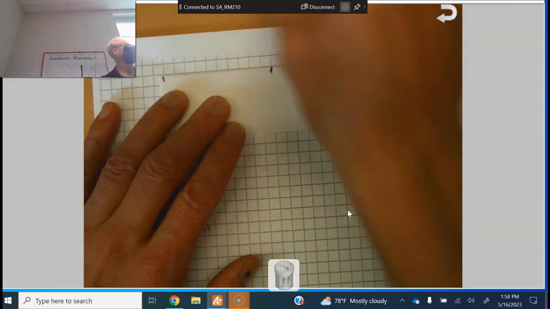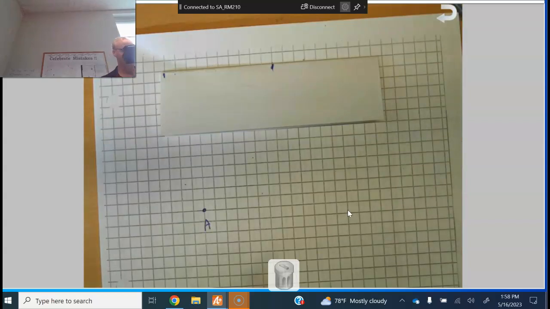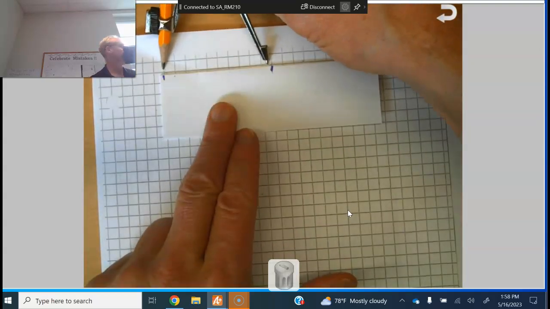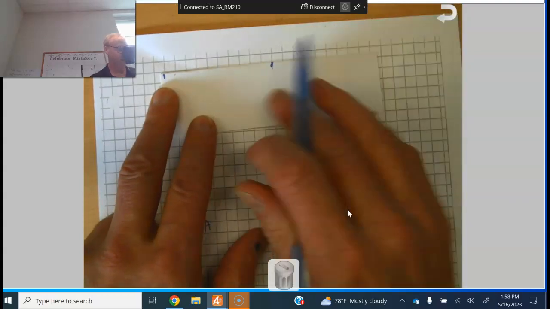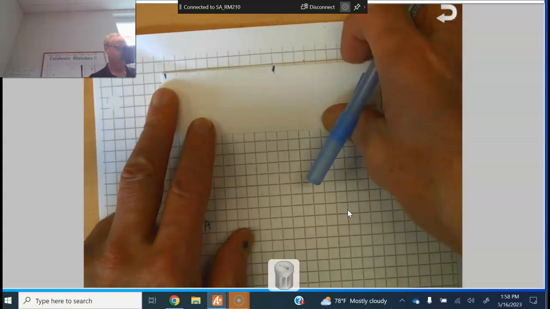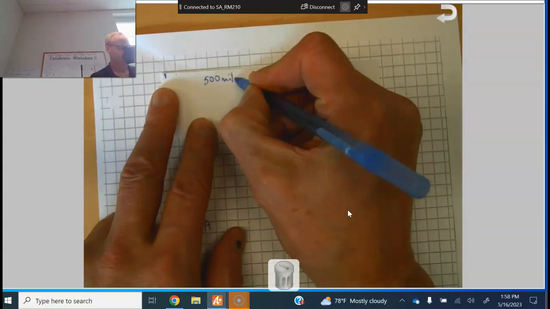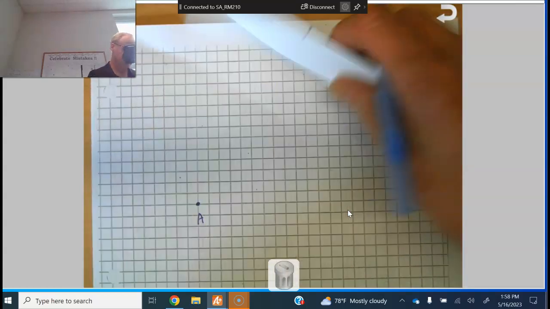Now, if I were doing actual navigation on my boat, looking at my course, I would actually use my compass to do the measuring on the map. But we're going to use our note card. This is 10 units, so this is 500 miles. I'm going to use the scale that each one of these represents 50 miles.